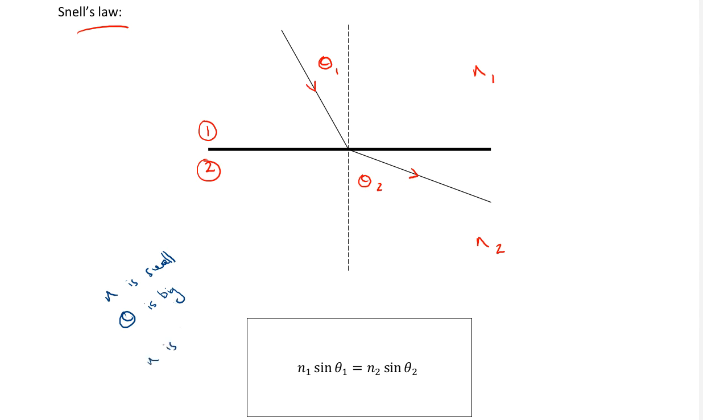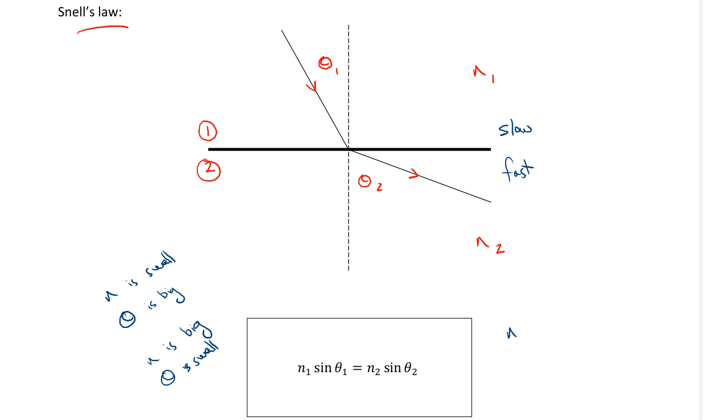If n is big, meaning we have a slow medium, then theta is small. So if we look up here, we have a smaller angle to a bigger angle. We are bending away from the normal. So theta 1 here is smaller. That means n1 must be bigger. Theta 2 here is bigger. That means n2 must be smaller. We are moving in the picture from a slow medium into a fast medium.